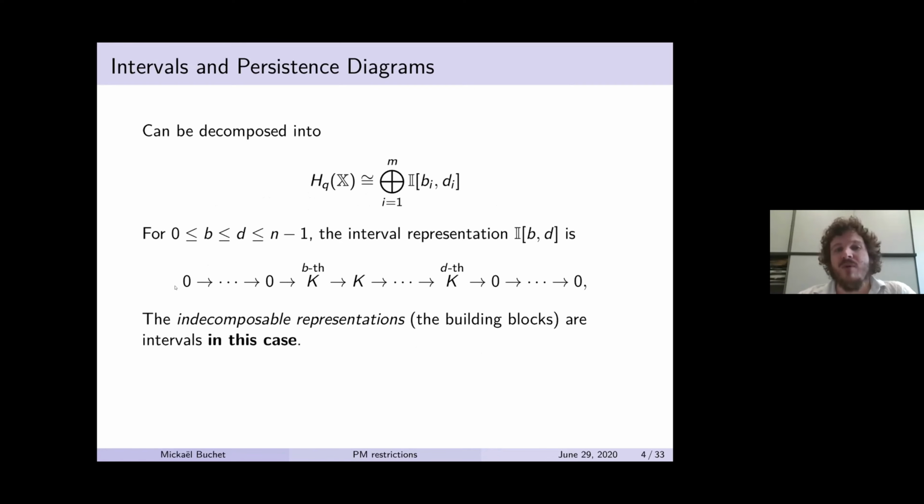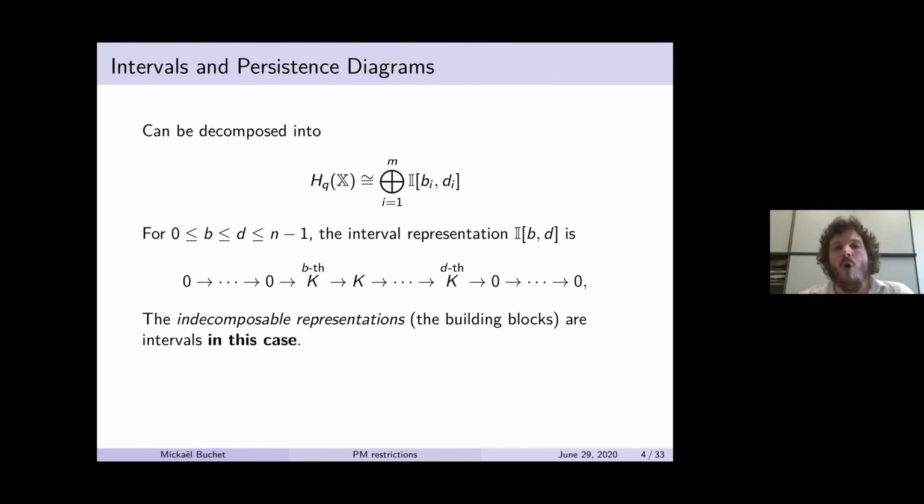Each interval is simply a sequence of zero vector spaces, then at index b I get k, which is the field with which I'm working here, and then the identity map between multiple copies of k until I reach the parameter d, and then zero afterward. These are all the indecomposable representations in this linear quiver.